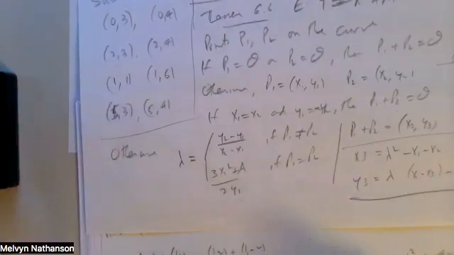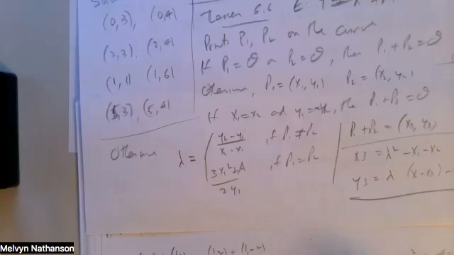So x3 is 4 squared minus 1 minus 1. 16 minus 2 is 14, which is 4. y3 is lambda, 4, times x1, 1, minus x3, 4, minus 3.